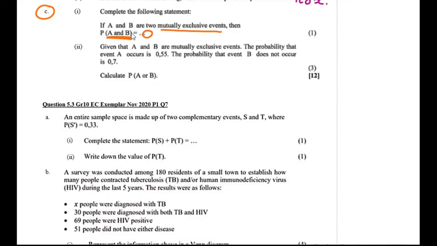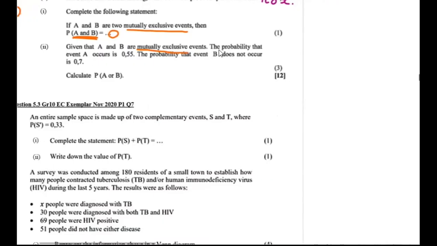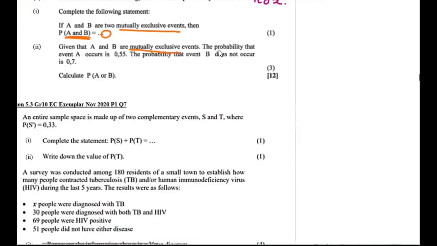Okay, and that was kind of a hint because you had to remember that to be able to answer the next question. It says, given that A and B are mutually exclusive, so now they're telling you that it's mutually exclusive. Okay, so if they've told you it's mutually exclusive, guys, I want you to remember that that means I can use a specific formula.